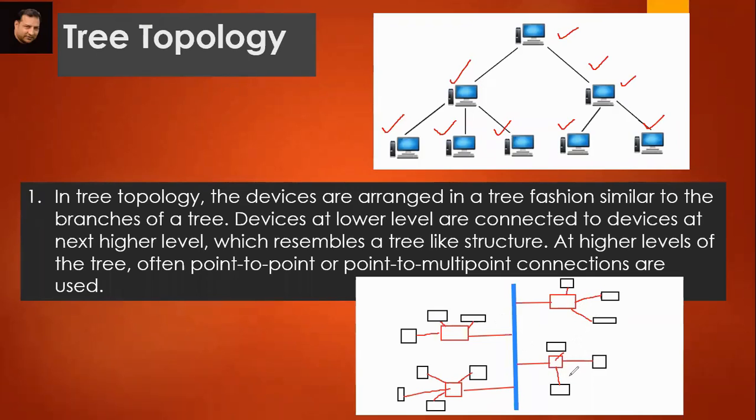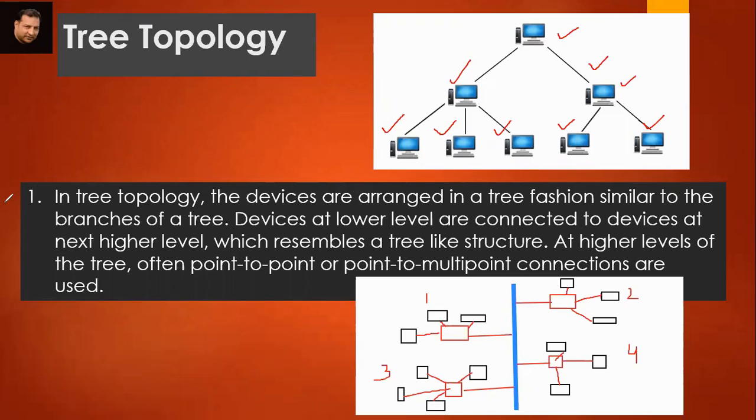We have 4 stars here. Star topology 1, star topology 2, 3, and 4. All these star topologies are getting connected with a backbone. So it becomes a bus topology. So here we have branching. So it is arranged in a tree fashion. So this is also a diagram of tree topology.